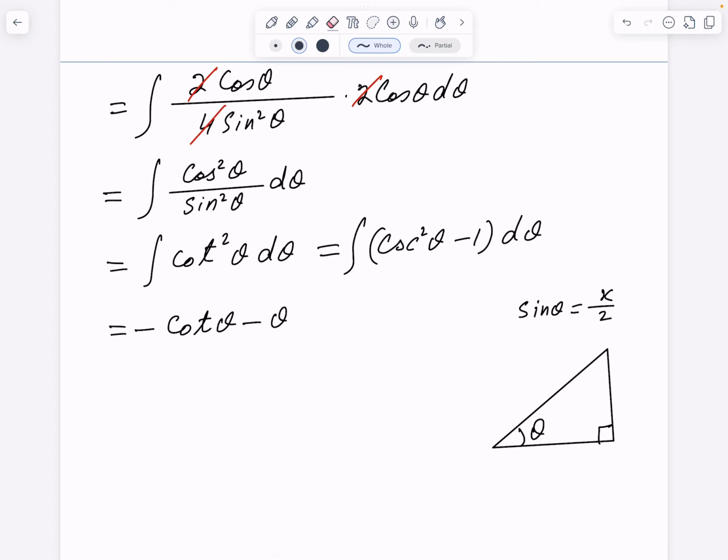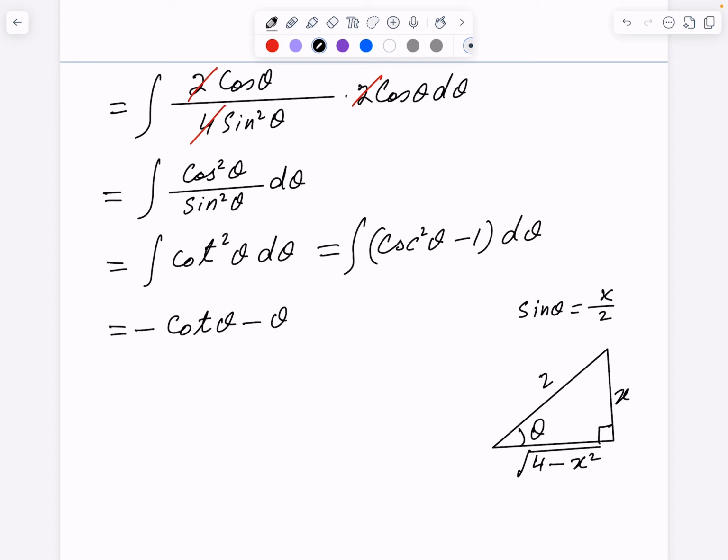So x is going to be opposite, because in sine we have x being opposite, and the denominator is the hypotenuse, which is 2. Therefore, the square root of 2 squared minus x squared is the adjacent side.